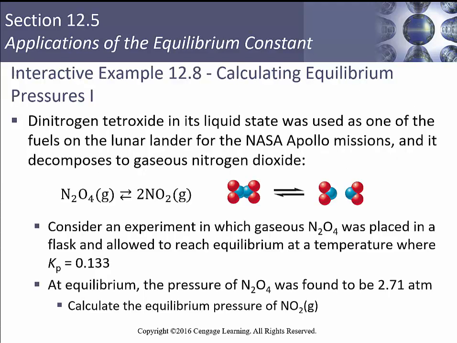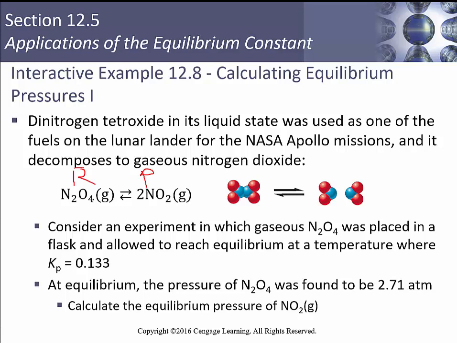Right? So dinitrogen tetroxide in its liquid state was used as one of the fuels in the lunar lander for the NASA Apollo missions, and it decomposes into gaseous nitrogen dioxide. So we got our reactants, and we got our products.